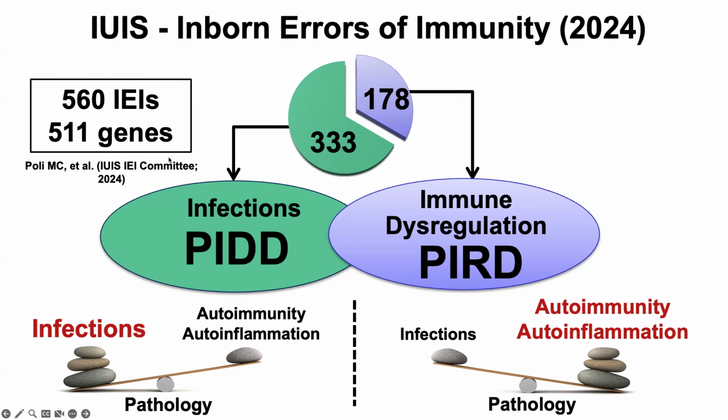If you divide them up between primary immune deficiency diseases and what we call PIRDs, or primary immune regulatory diseases, they split out about 2/3 and 1/3. About 2/3 of the genes cause immune deficiency, or defects in responding to infections or insults, and about 1/3 cause dysregulated immunity. Okay, so that's what we're working on.